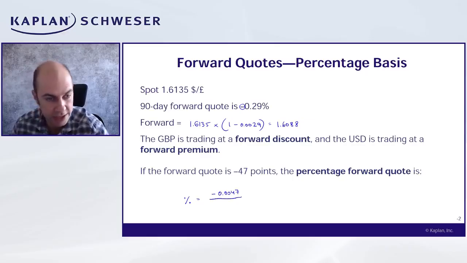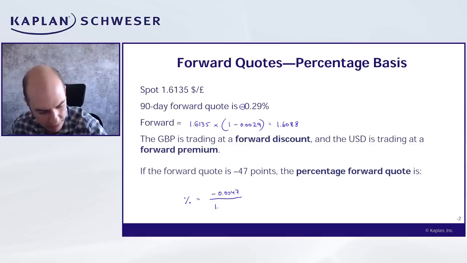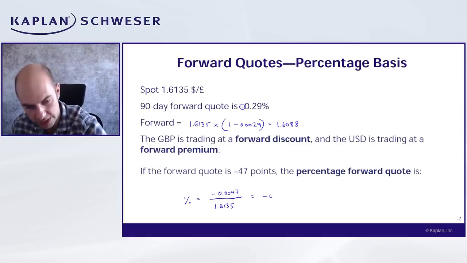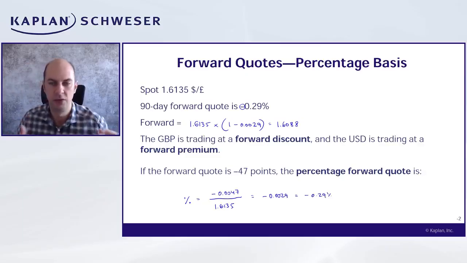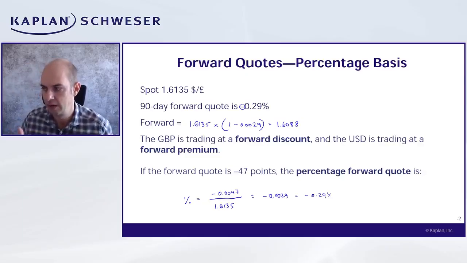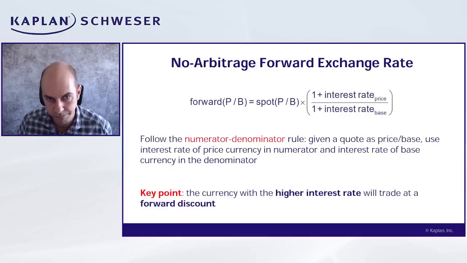We're just going to take that as a percentage of our spot. So in our case, the spot is 1.6135. Okay. And that's going to come back to essentially 0.0029, which was negative 0.29%. So basically, what they're telling me here is that there are fundamentally two different ways of quoting this forward premium or discount, but they're essentially ultimately mathematically identical.